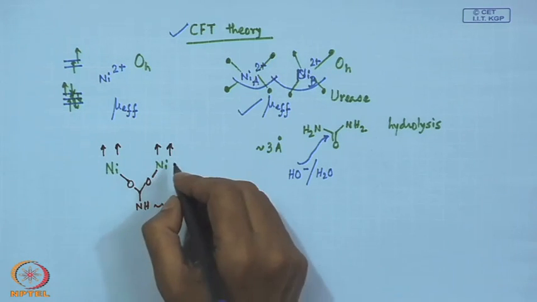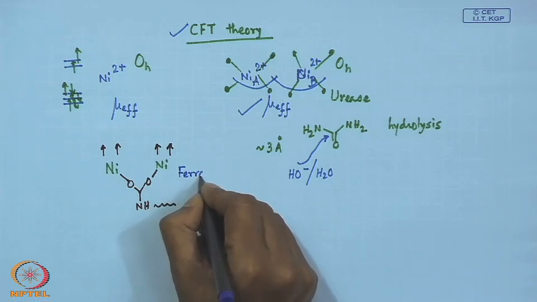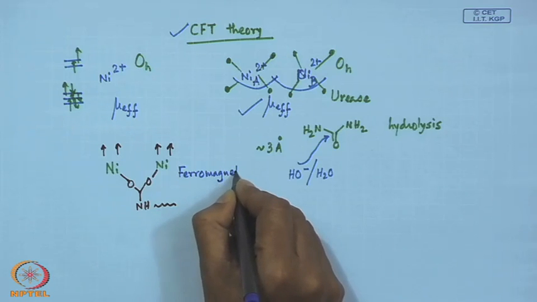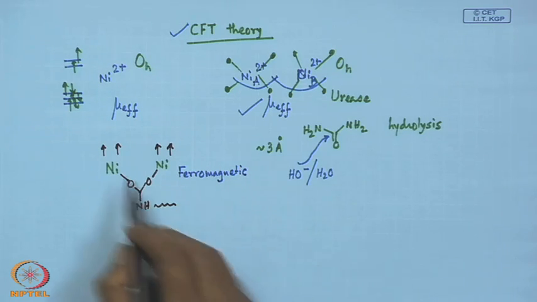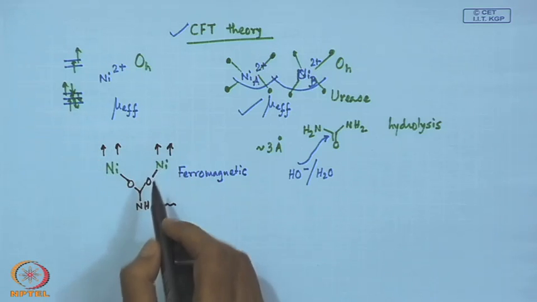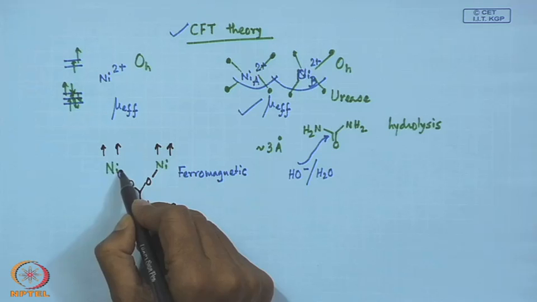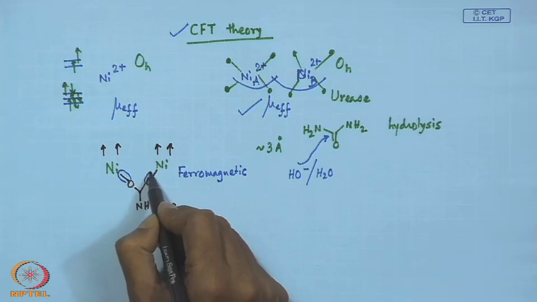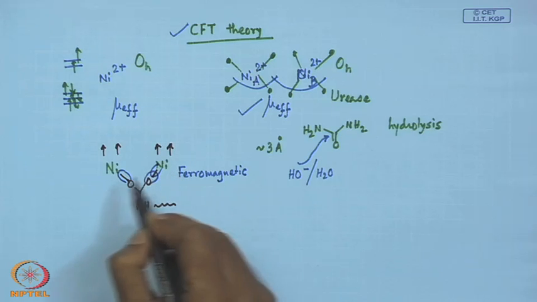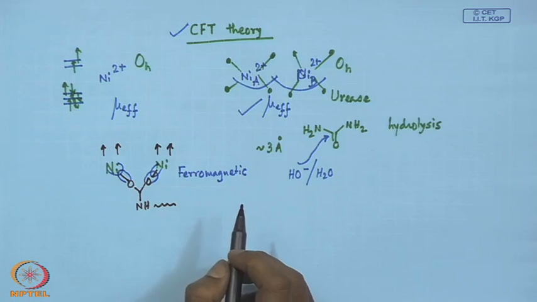and if we think of the interaction as, say, ferromagnetic, that means we are adding the magnetic moment from one copper center to the other. But we should also consider the interaction of the ligand orbitals with the metal orbitals, which we neglect in crystal field theory.